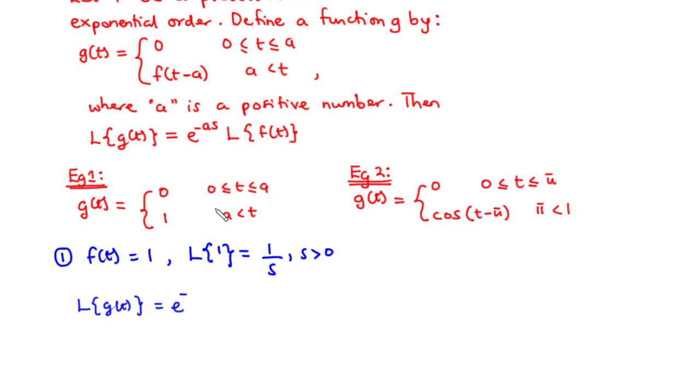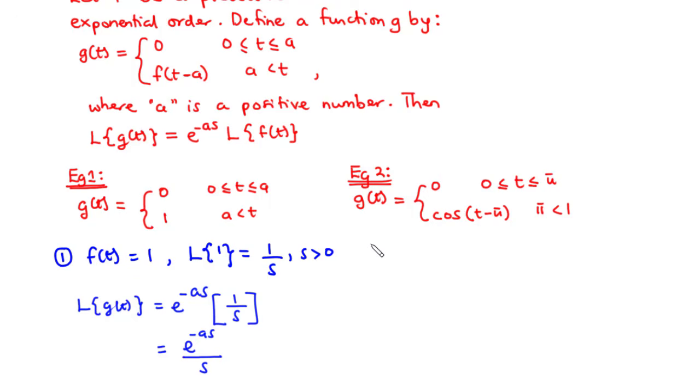Now a comes from this value, a represents this value, so e to the power negative a times s times the Laplace transform of the function without the delay, which is going to be 1 over s. So we multiply these two, and then we have e to the power negative as divided by s.